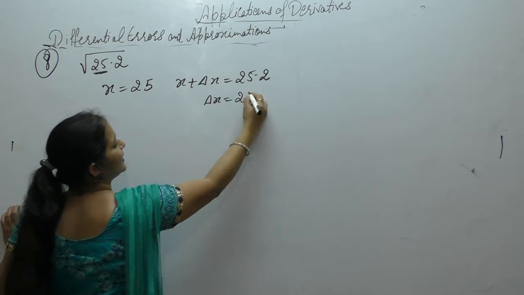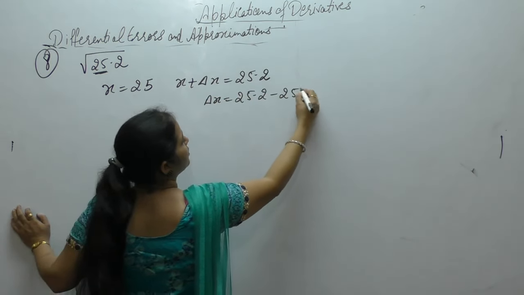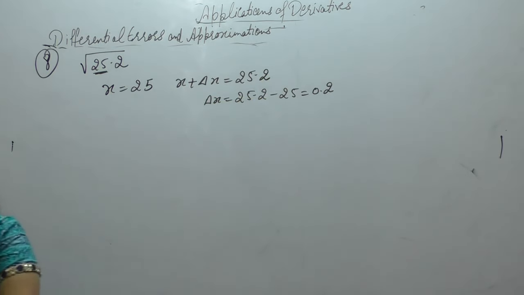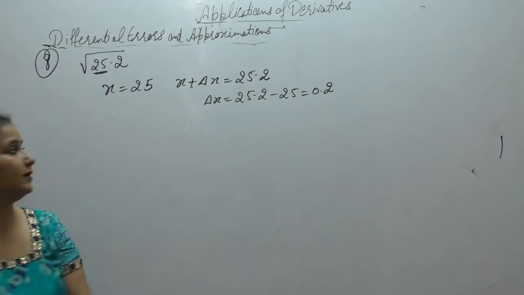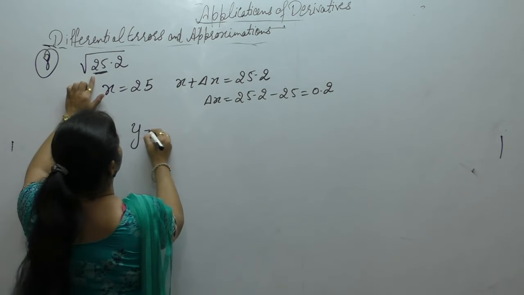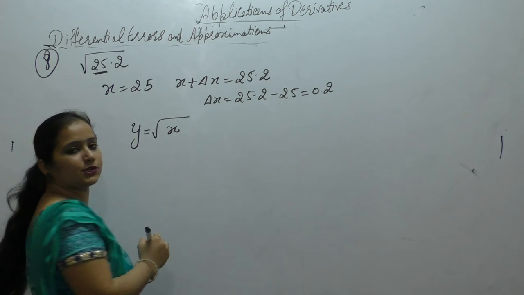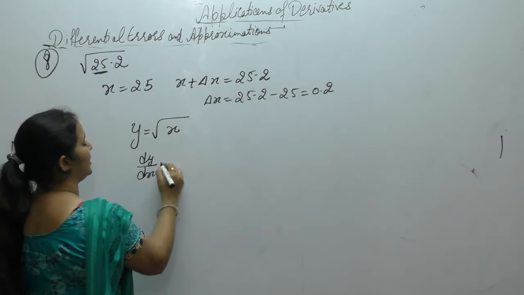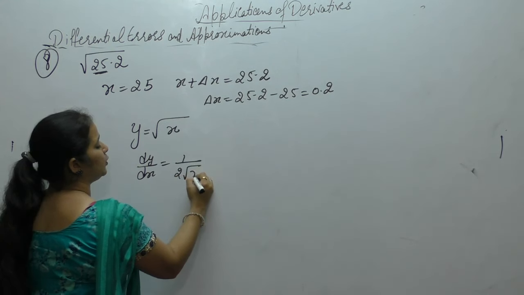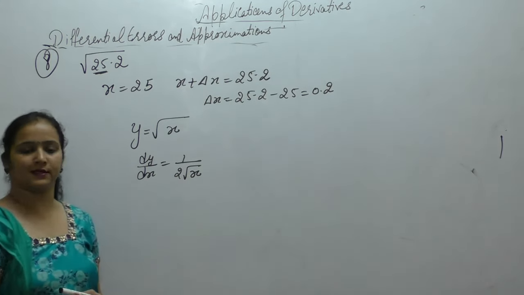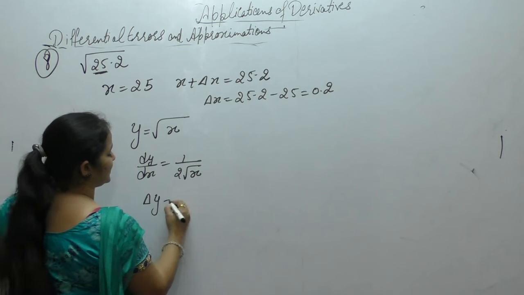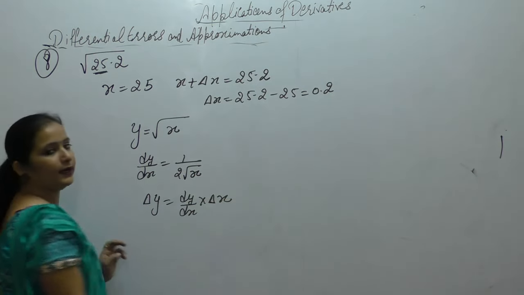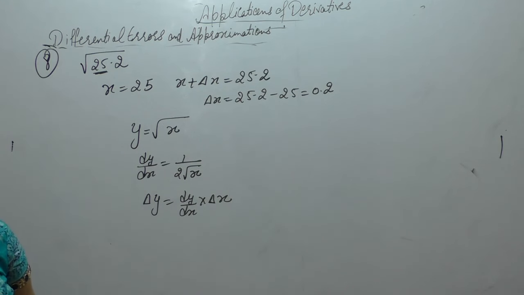So 25.2 minus 25, delta x is 0.2. Clear? Now let the function be y equal to square root of x. Differentiate: dy upon dx is 1 upon 2 square root of x. Delta y is dy upon dx into delta x. Clear?